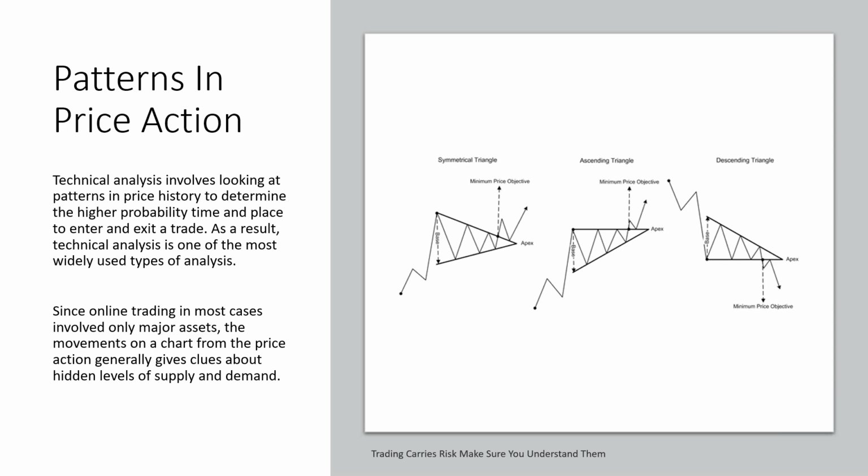As a result, technical analysis is one of the most widely used types of analysis. Now, there's lots of people out there who think RSI and MACD and stochastics outweigh everything else used in the market. But the 2 biggest fields of technical information are chart patterns and Japanese candlesticks.